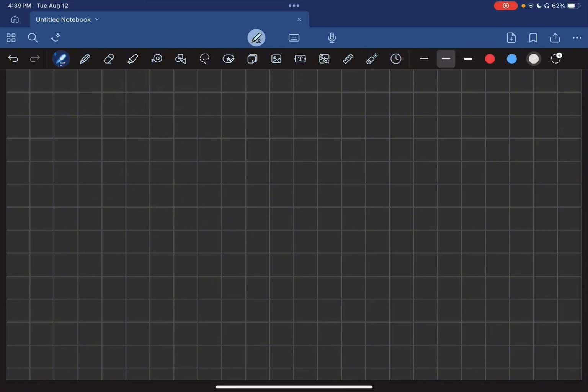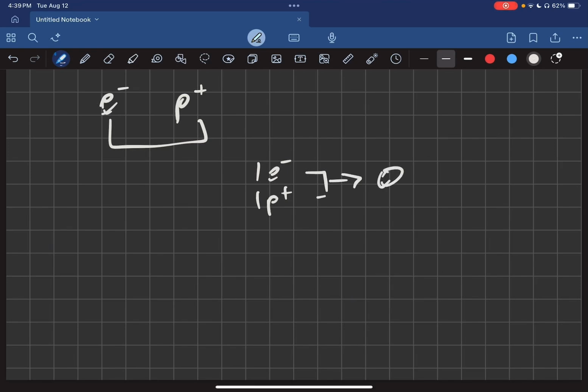Important note, there's a few important notes. The electron and the proton perfectly cancel. It's not like the electron is half as negative as the proton is positive. They perfectly cancel. So if you have one electron and one proton, the net charge of your atom is going to be 0.